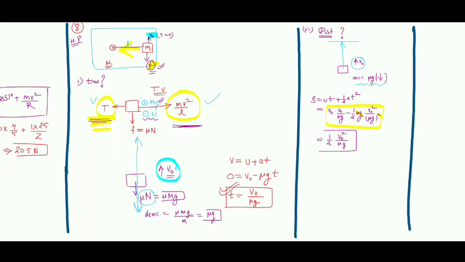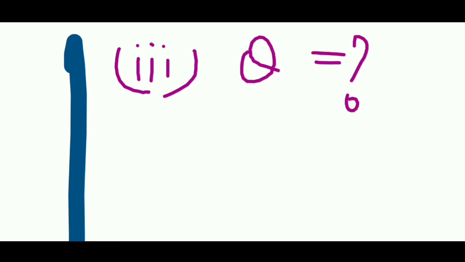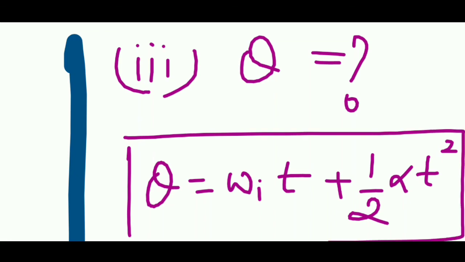Let's try that out. The third part of the question is to find the angular displacement theta before it comes to rest. So I will directly use theta is equal to omega initial into time plus half of alpha t square. This is the equation corresponding to s is equal to ut plus half at square. Check it out.